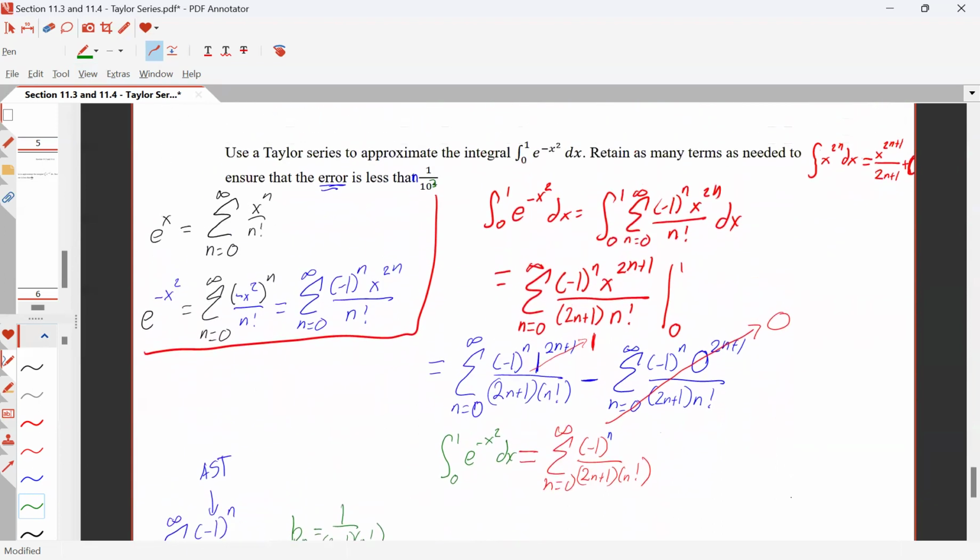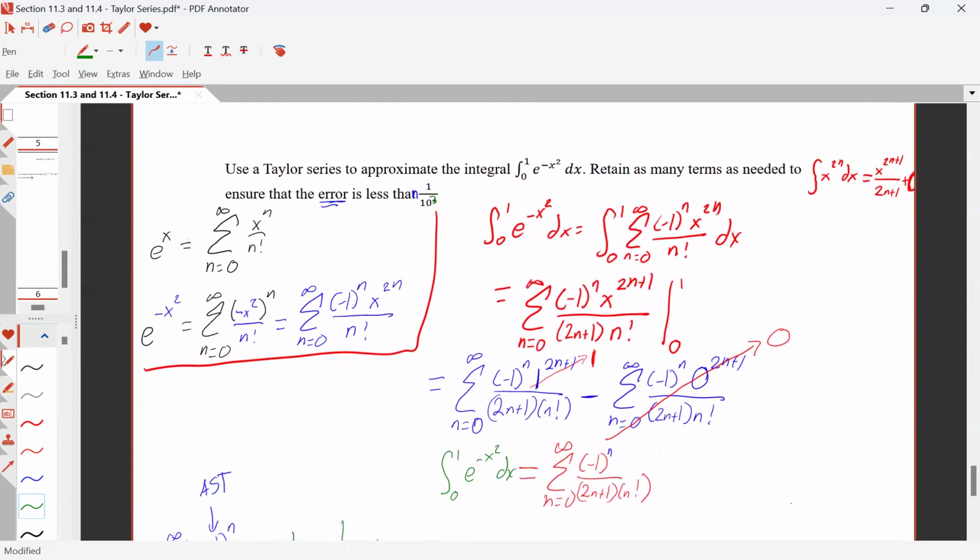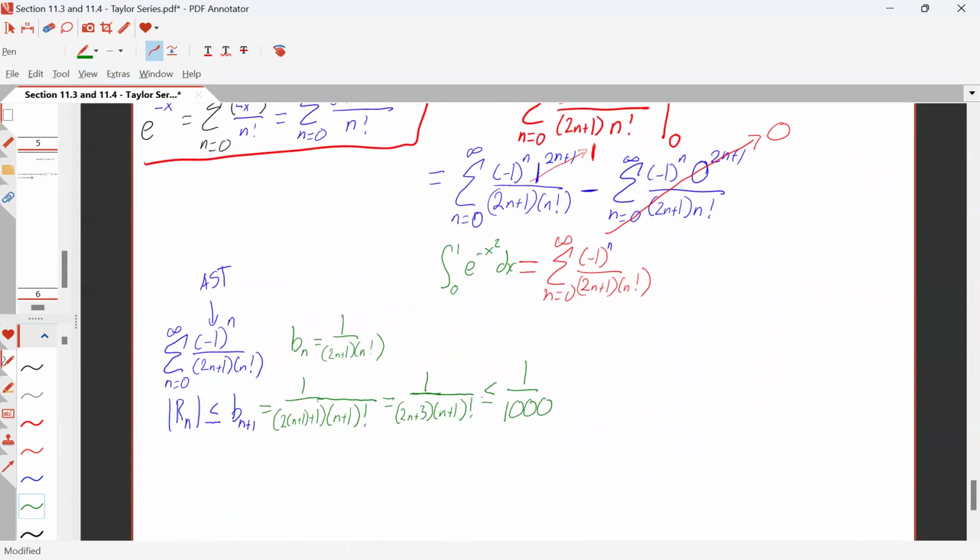We want to find what n has to be. That's just solving this inequality.